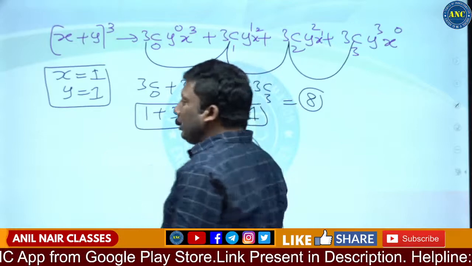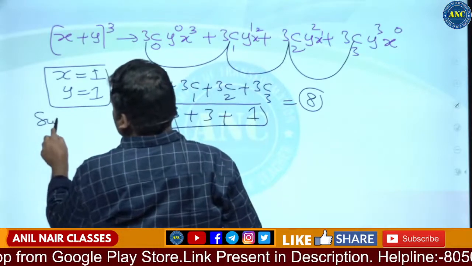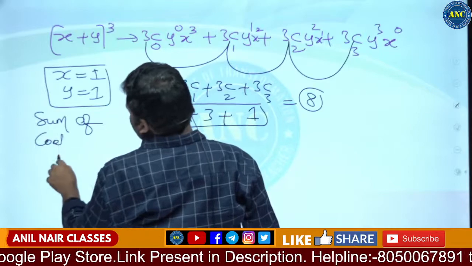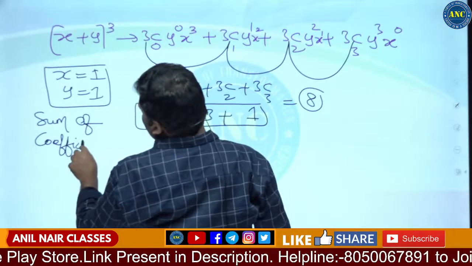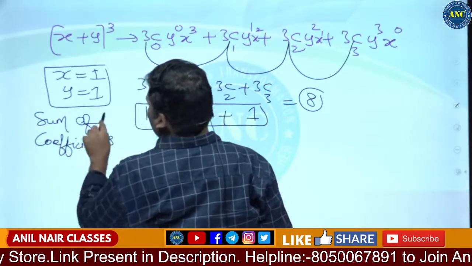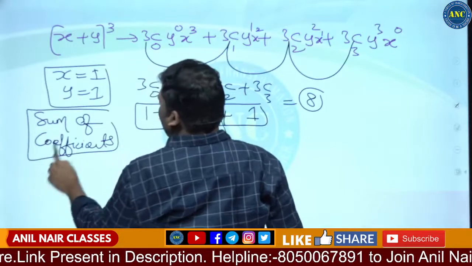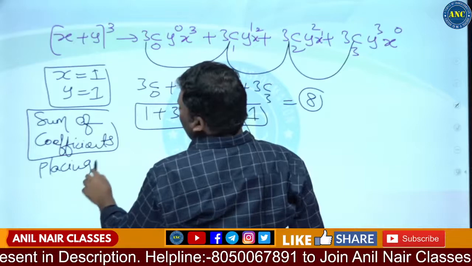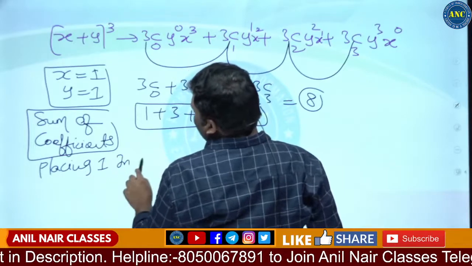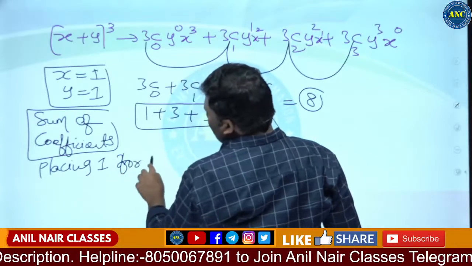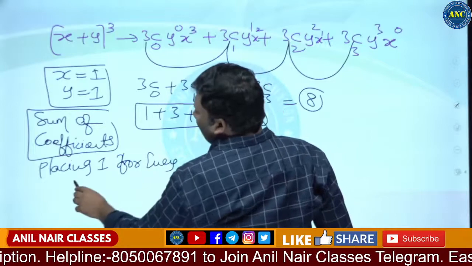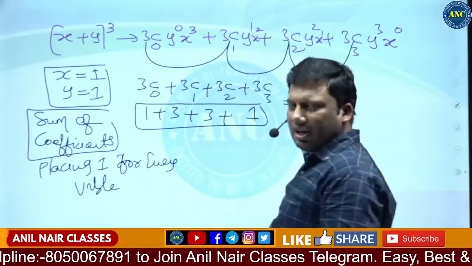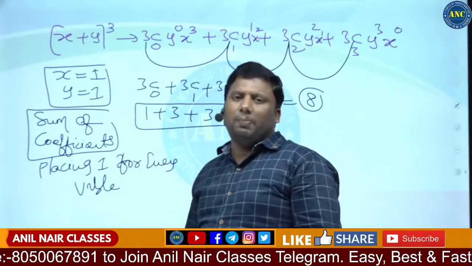How to find out the sum of the coefficients? The sum of the coefficients can be found by placing 1 in place of every variable. Not only for power 3, also for power 4.